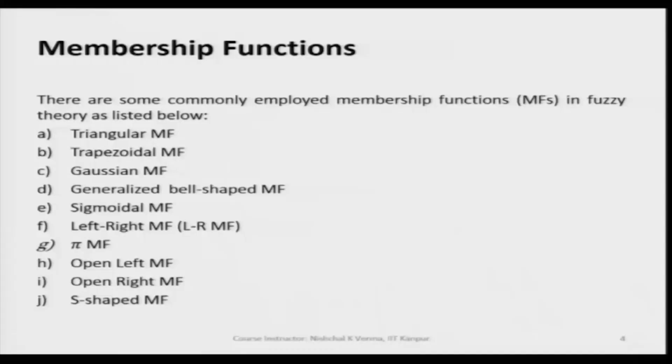So, there are some commonly employed membership functions in fuzzy systems theory, and these are also called standard membership functions, which are listed as the triangular membership function, trapezoidal membership function, Gaussian membership function, generalized bell shaped membership function, sigmoidal membership function, left right membership function, pi membership function, open left membership function, open right membership function, and S shaped membership functions.